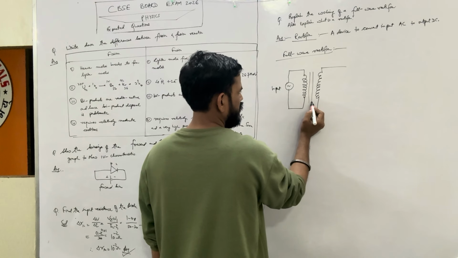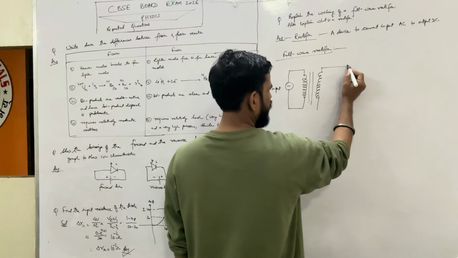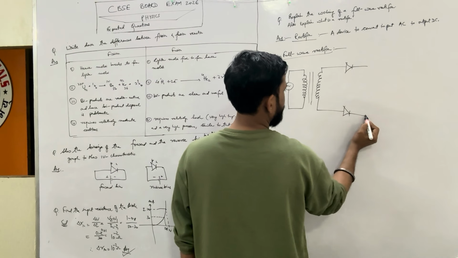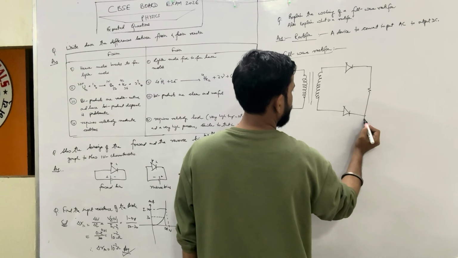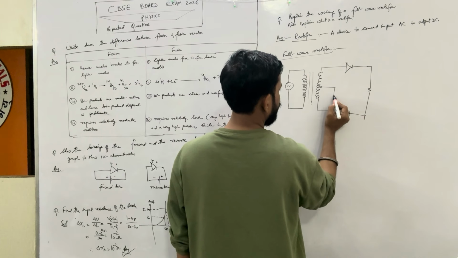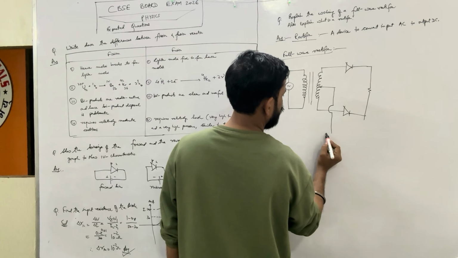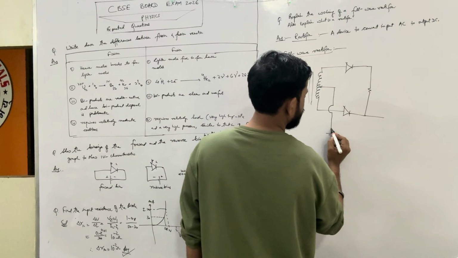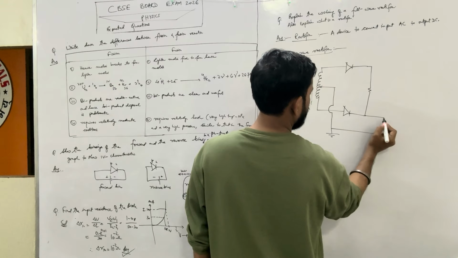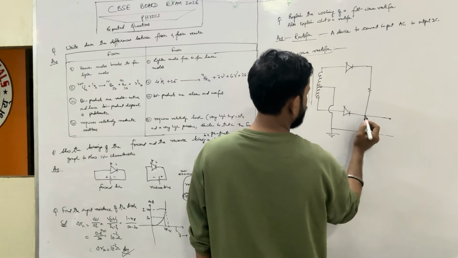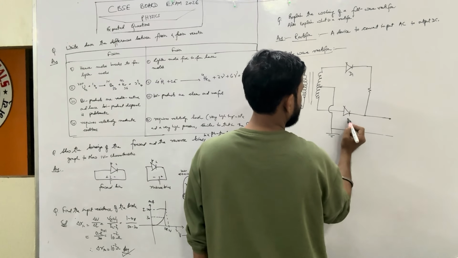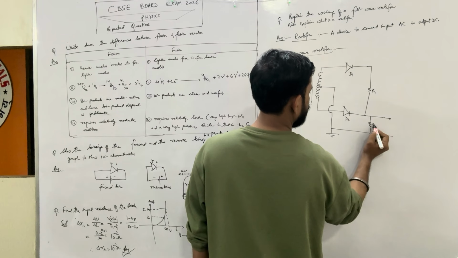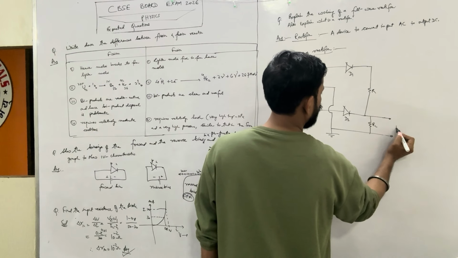You put a soft iron core and you put two diodes. There will be a tapping wire, it will be jumped to ground. Now the output will be taken across this ground and the combination of these two diodes. So this is diode 1, this is diode 2. This is the load resistance, and the output is taken.